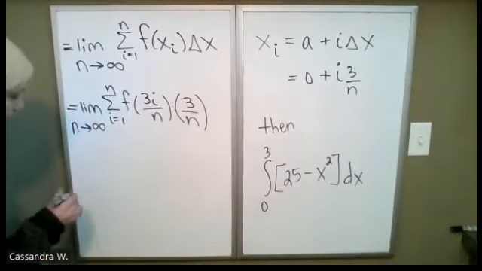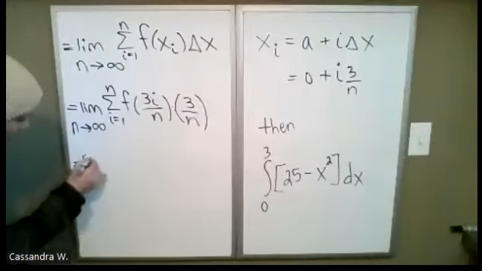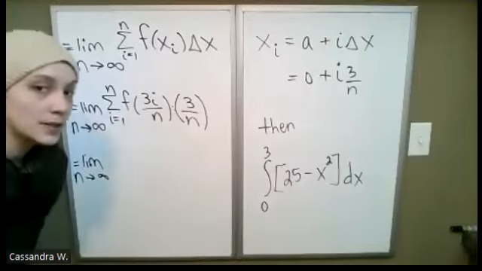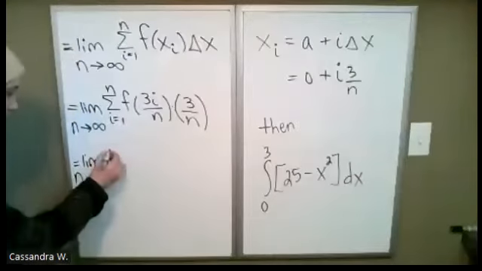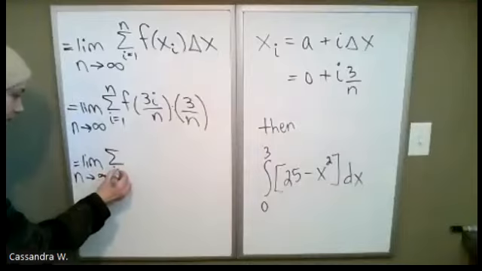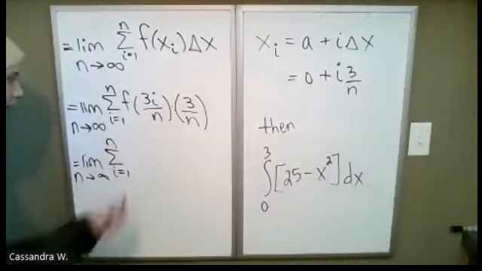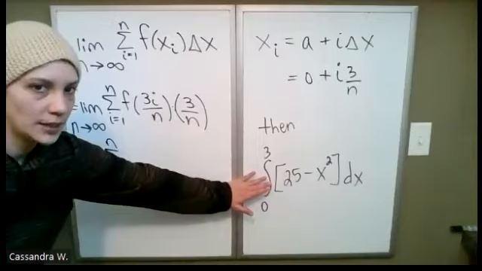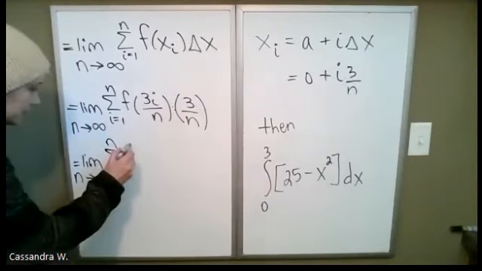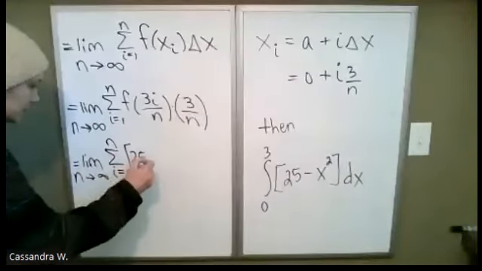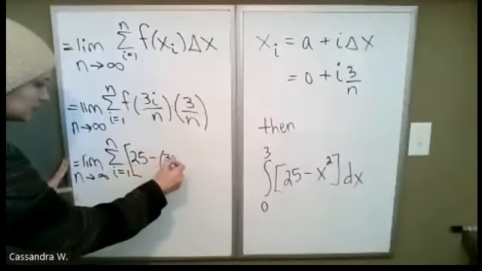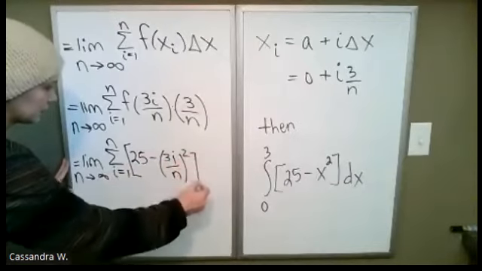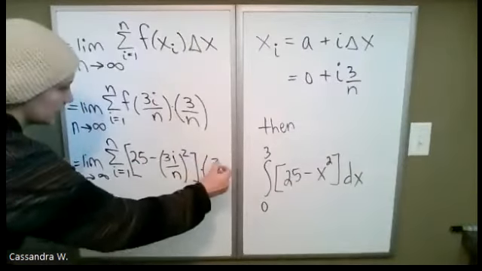So anyway, we've got this limit, n going to infinity, of the sum from i equals 1 to n of 25 minus 3i over n squared, times the 3 over n.